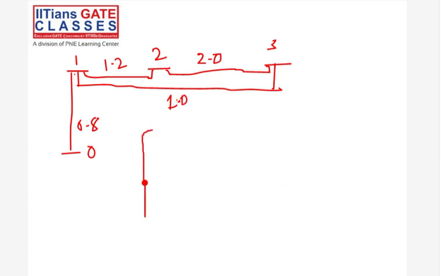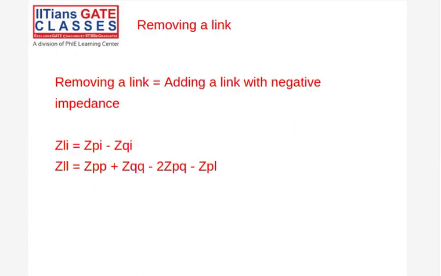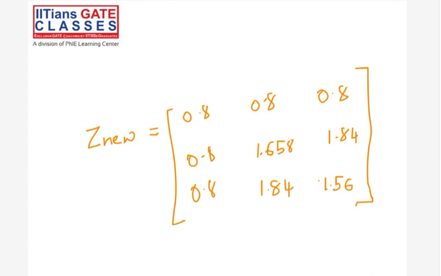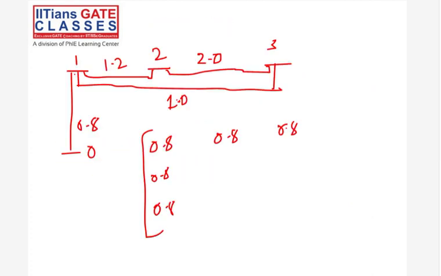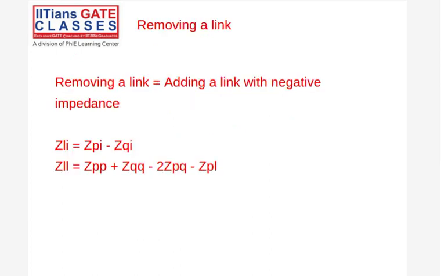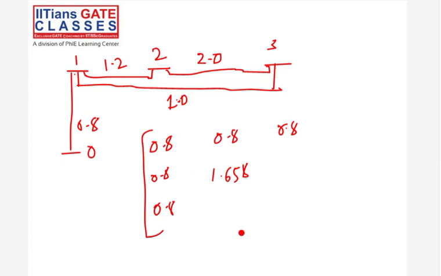And we got the Z bus for this network as 0.8, 0.8, 0.8, and the other values were 0.658, 1.84, 1.84, and 1.56.